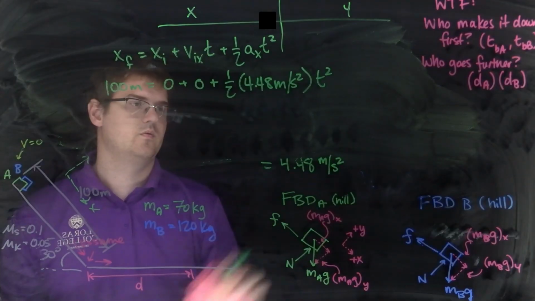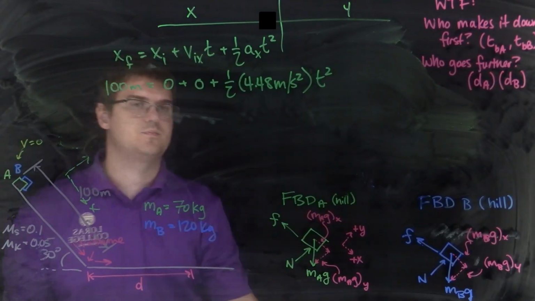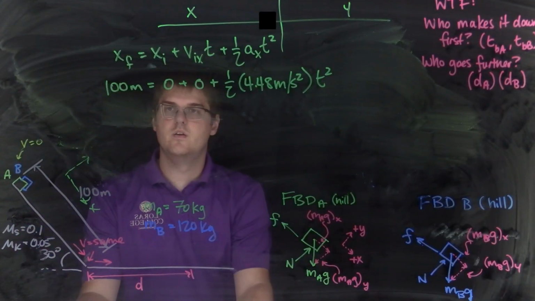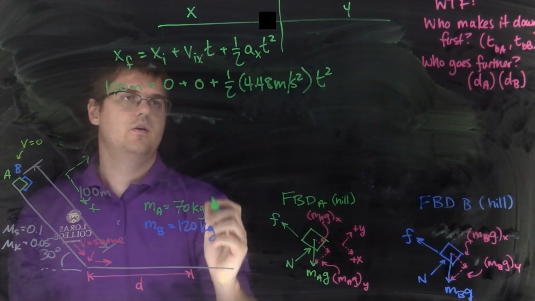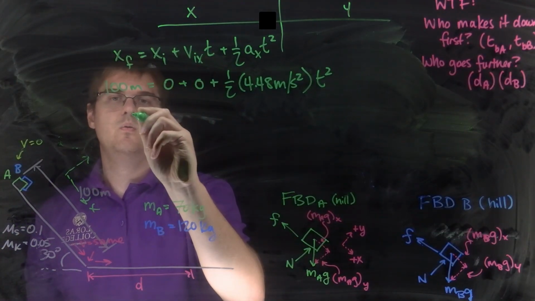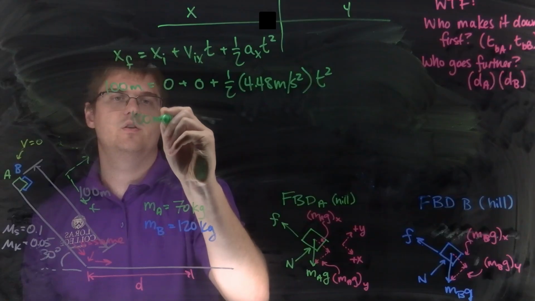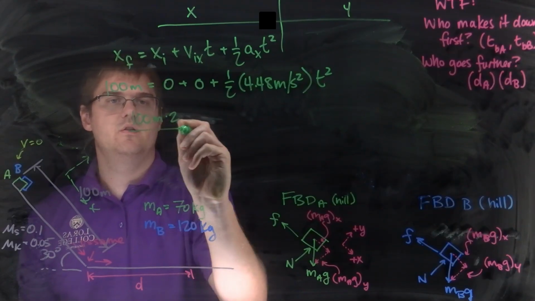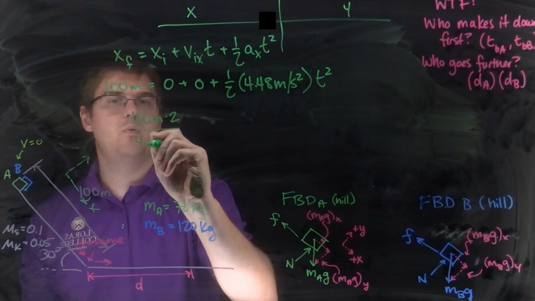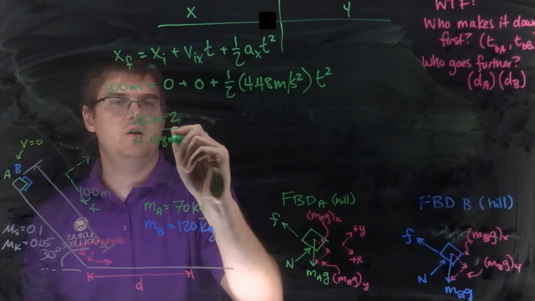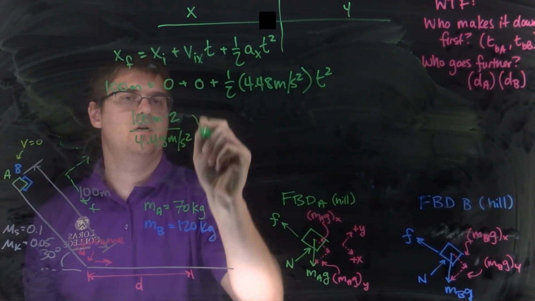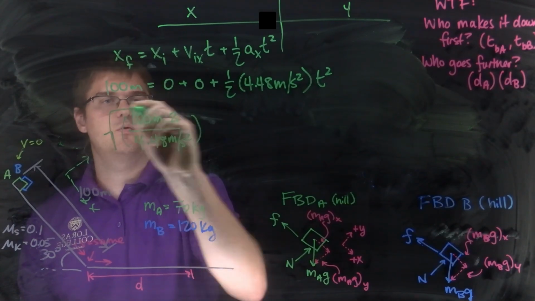Can now erase this guy, no problem. Okay, and with that, I have 100 meters times 2 divided by 4.48 meters per second squared. I'm going to take that entire thing and find the square root.